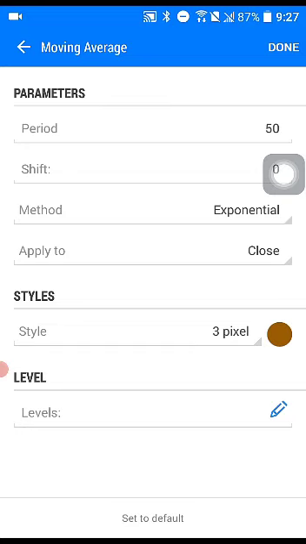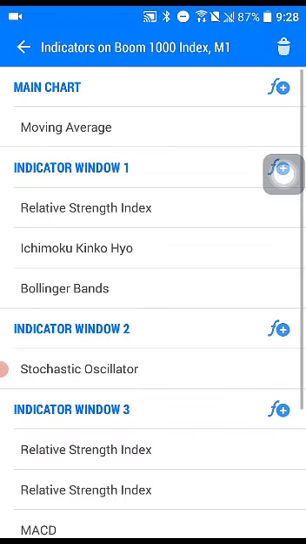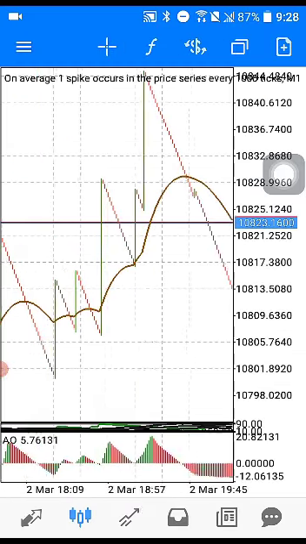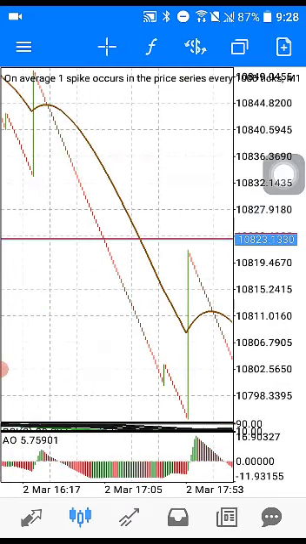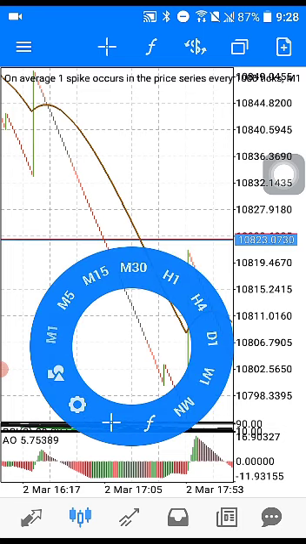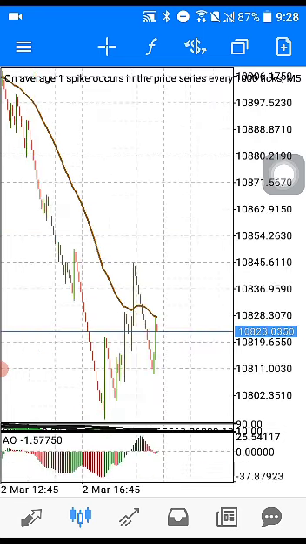Now, this does not mean that it is giving you what is happening in the last 50 days. It is going to use the time frame that you have. The time frame that you have is what it is going to use to give you the value that you are expecting. Now, if you change it to 5 minutes time frame, it means that one candle is 5 minutes.